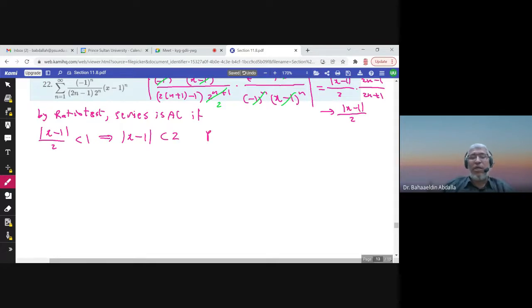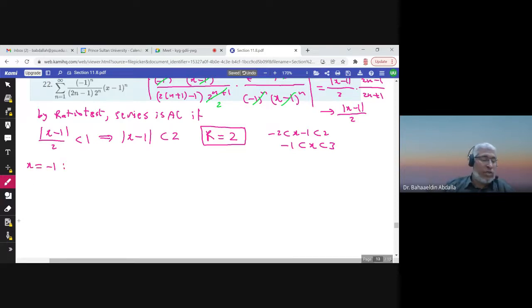This means that the radius of convergence is 2, and x minus 1 is between negative 2 and 2. If I add 1, then x would be between negative 1 and 3.